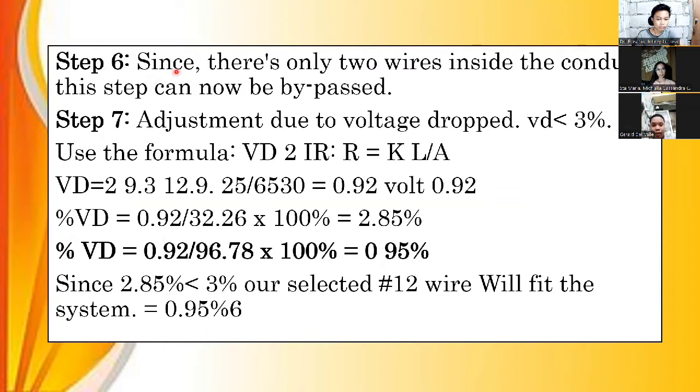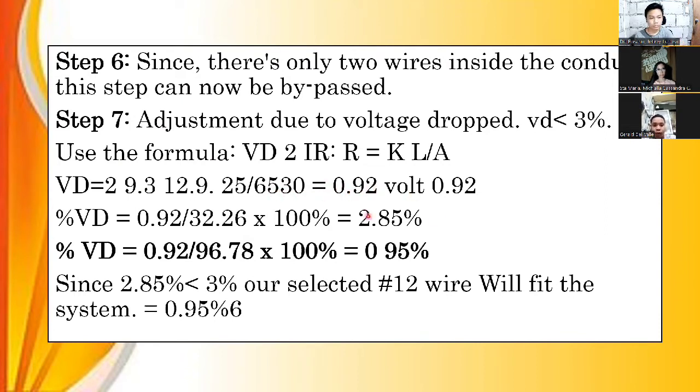Since there are only 2 wires inside the conduit, this step can now be passed. Adjust for voltage drop of 3%, then use the formula VD equals I times R, where R equals K L over A. So VD equals 2 times 9.3 times 12.9 times 0.25 over 6,530, which equals 0.92 volt.